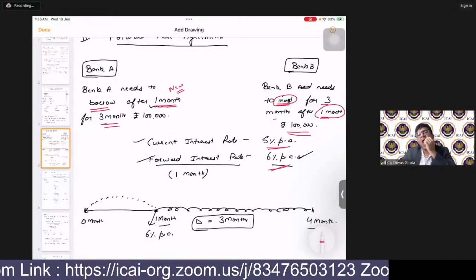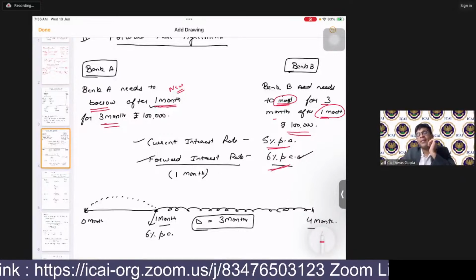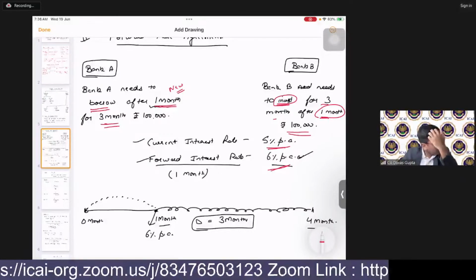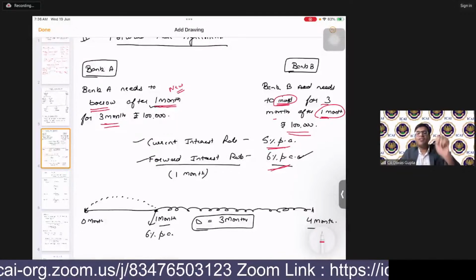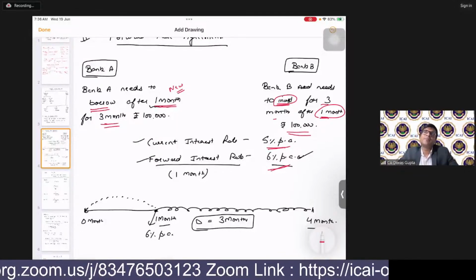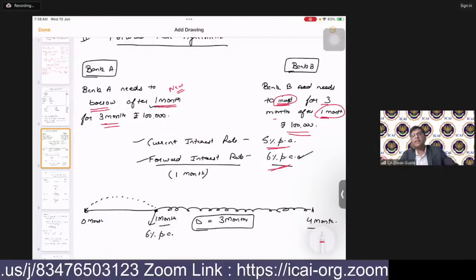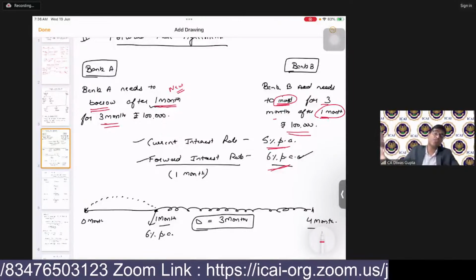Now, here is the cash, students. So in the market, if you see, there are two types of market, right? One was the spot market or the cash market that we have seen, and second one was the futures and options, right?